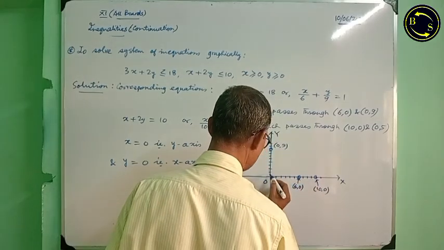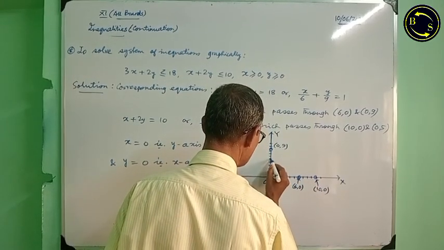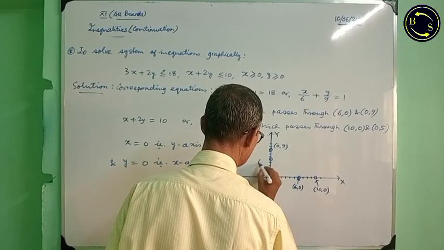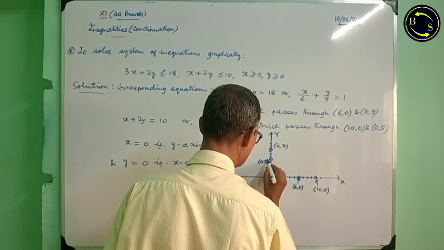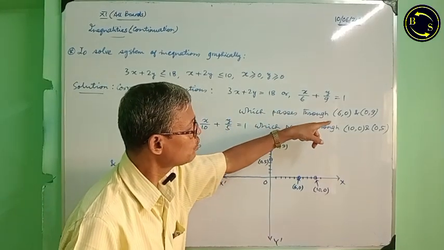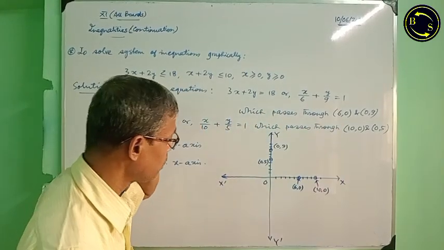Then 0, 5. This straight line passes through 6, 0 and 0, 9.